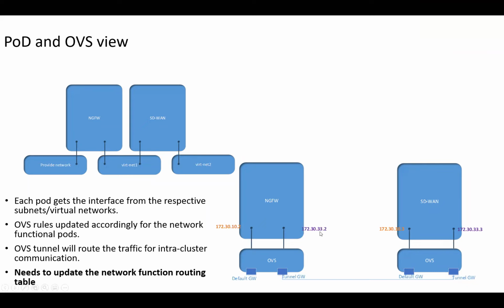As you can see, 33.2 and 33.3, right? So we have 2 interfaces assigned, for example, on virtual network 1, both of them owning an interface on the same virtual network 1. This is virtualized by the controller, and it assigns the interface IP, and then it has to do route configuration as well.